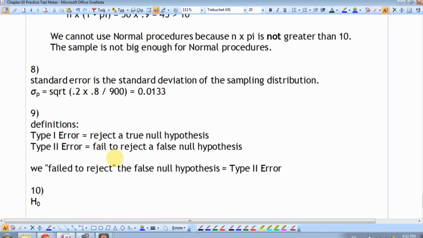Maybe we should look at the alternative hypothesis first. What are we trying to show? We're trying to show that the average is less than 5,000 miles.